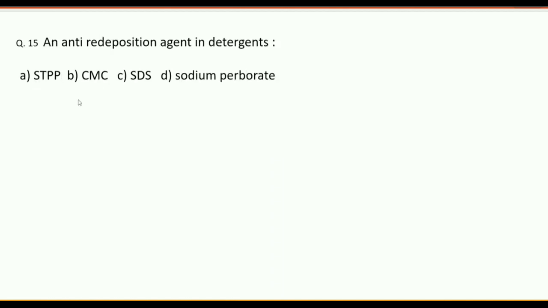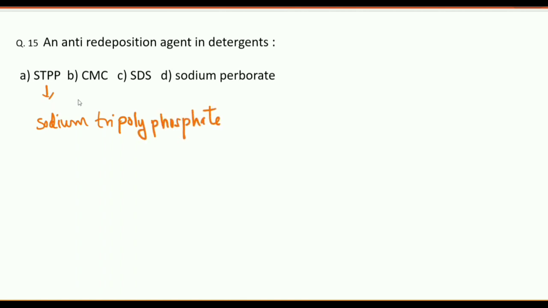15th question. An anti-redeposition agent in detergents is STPP, CMC, SDS, or sodium perborate. So what is STPP? It is sodium tripolyphosphate.